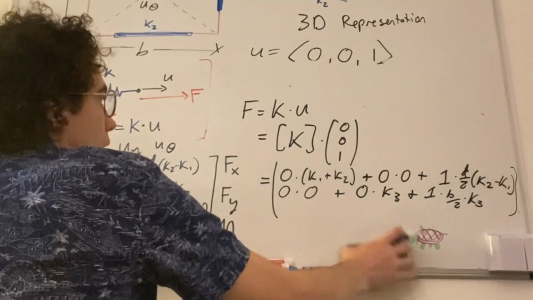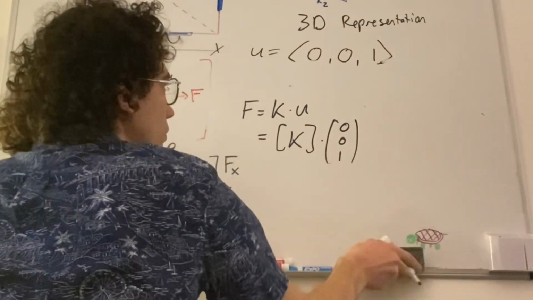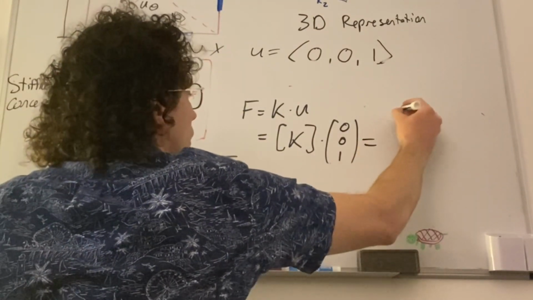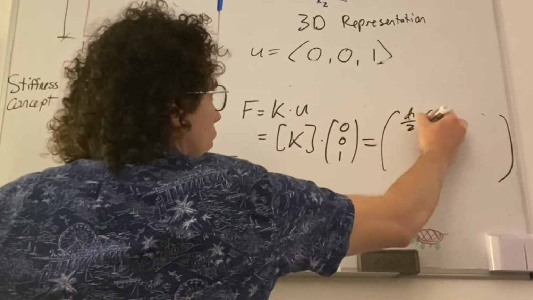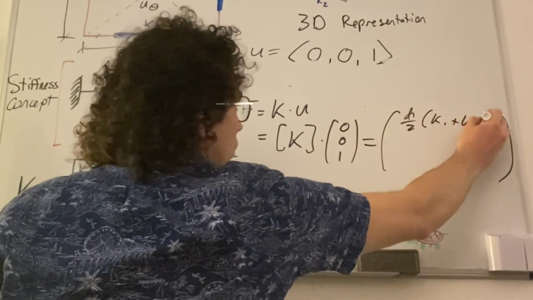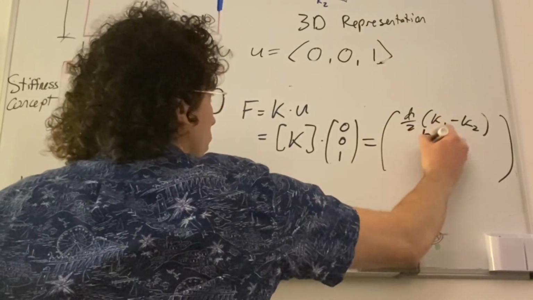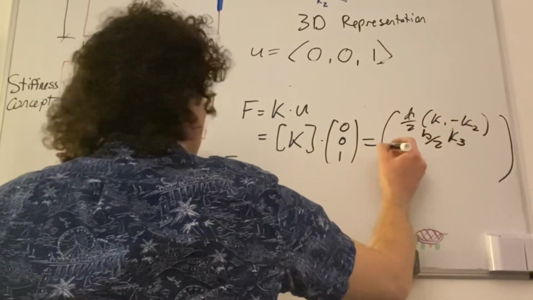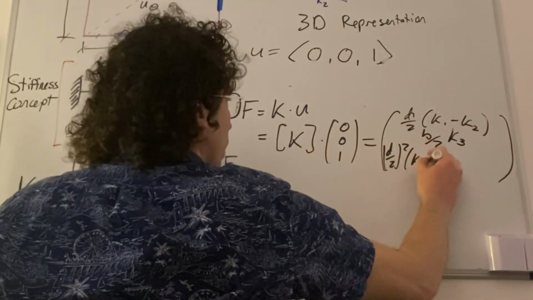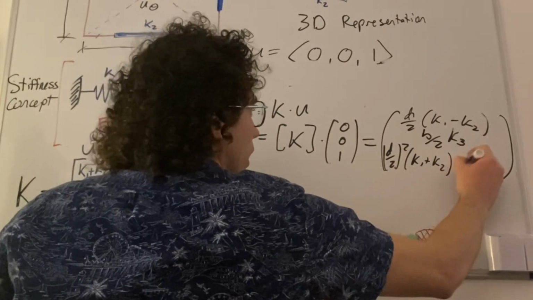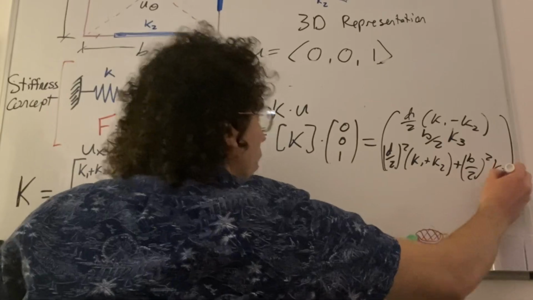So really, it's just going to come out to D over 2, K2 minus K1, and then B over 2, K3, and D over 2 squared, K1 plus K2, plus B over 2 squared, K3.